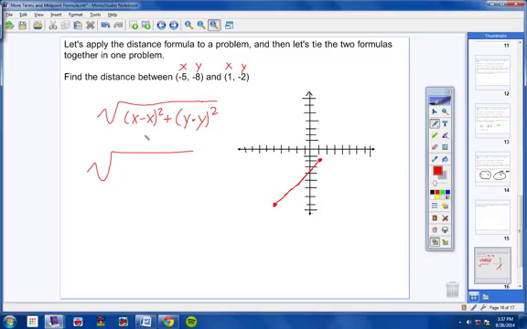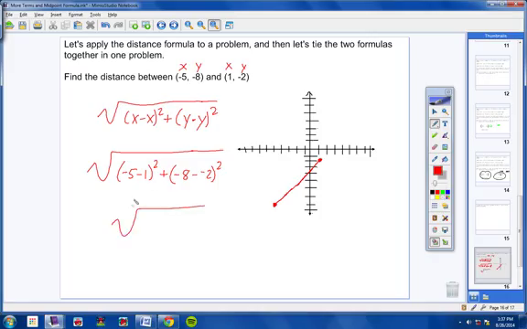X minus x: -5 minus 1, squared, plus y minus y: -8 minus a -2. Please watch your signs. -8 minus a -2, quantity squared.